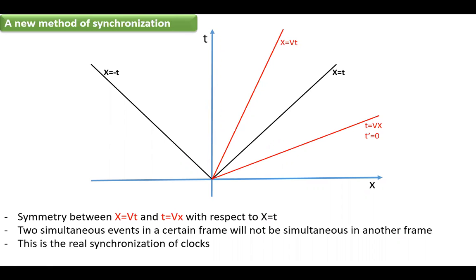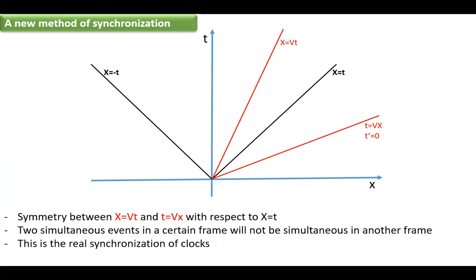And we found that this line of synchronization is given by the line of equation t equals Vx, and t equals Vx is symmetric to x equals Vt with respect to x equals t.